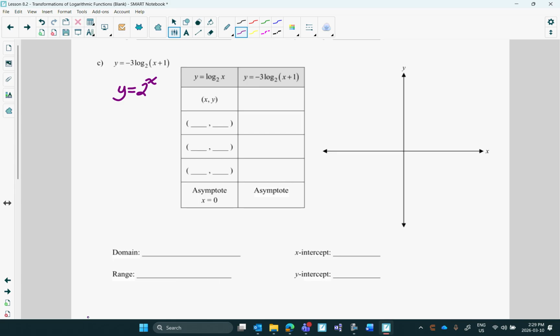So -1, 1/2; 0, 1; 1, 2, and then reverse: 1/2, -1; 1, 0; 2, 1. And remember the asymptote: for exponential functions it's horizontal, but for log, because it's the inverse, it's vertical.